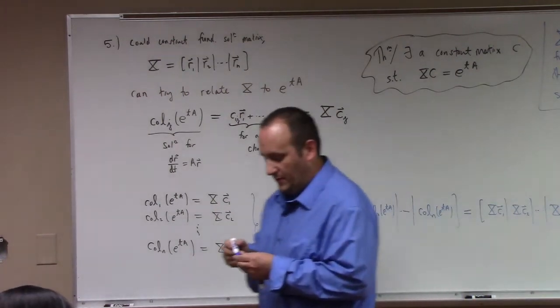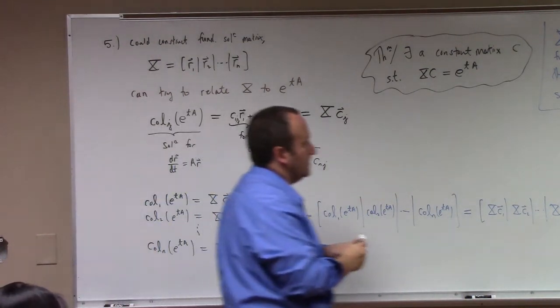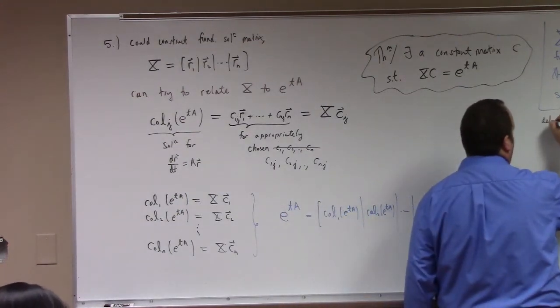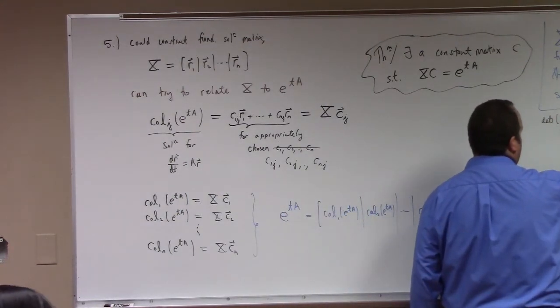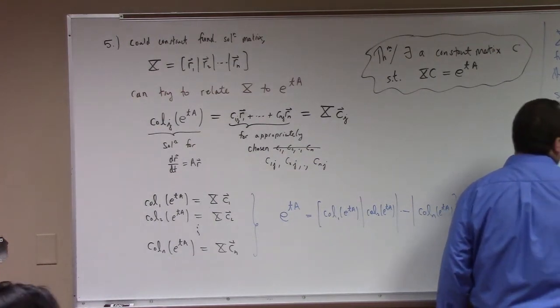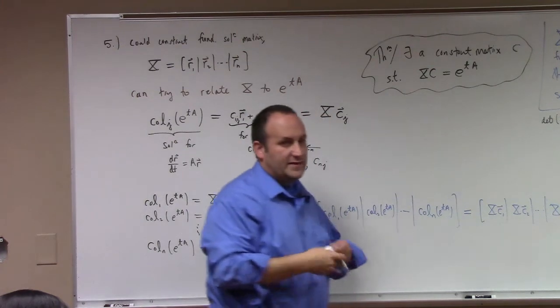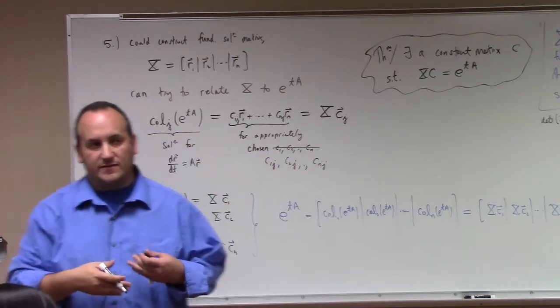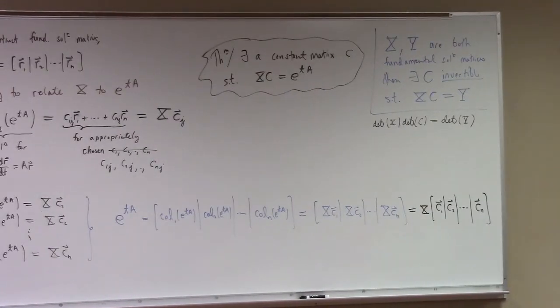What's the determinant of a product? The determinant of X times the determinant of C is equal to the determinant of Y. The fact that XC is equal to Y is given by the fact that we're assuming X is a fundamental solution matrix. So if Y is also a solution matrix, and it's invertible, in other words, it's a fundamental solution matrix, then it forces this constant matrix to also be invertible, because the determinant of the product is the product of the determinants.